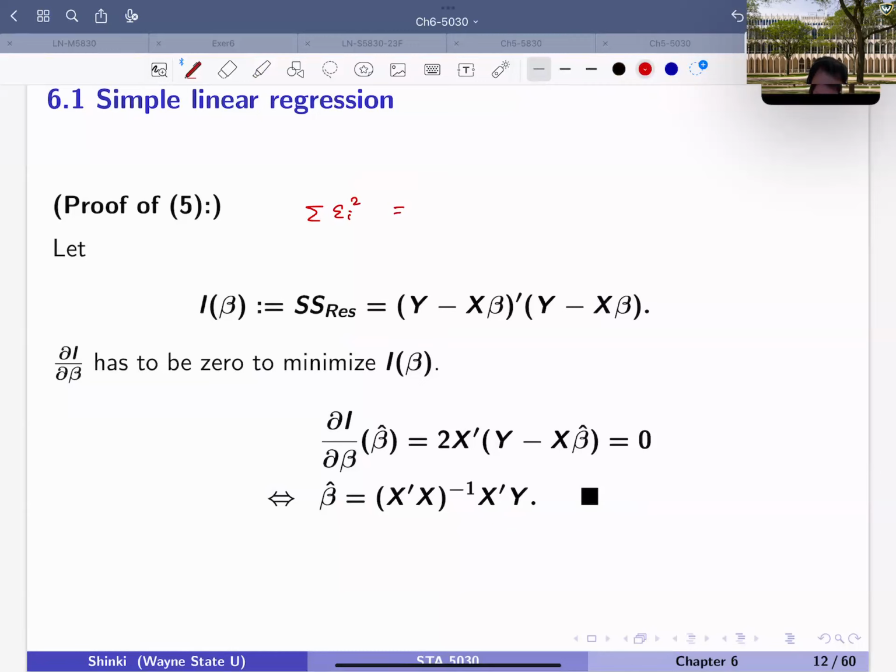In matrix form this is epsilon transpose epsilon, because epsilon transpose is epsilon 1, epsilon 2 up to epsilon n as a row vector, and epsilon is this column vector. So the product is epsilon 1 squared plus epsilon 2 squared and so on. Then epsilon is equal to y minus X beta, so the sum of squared residuals is written this way.